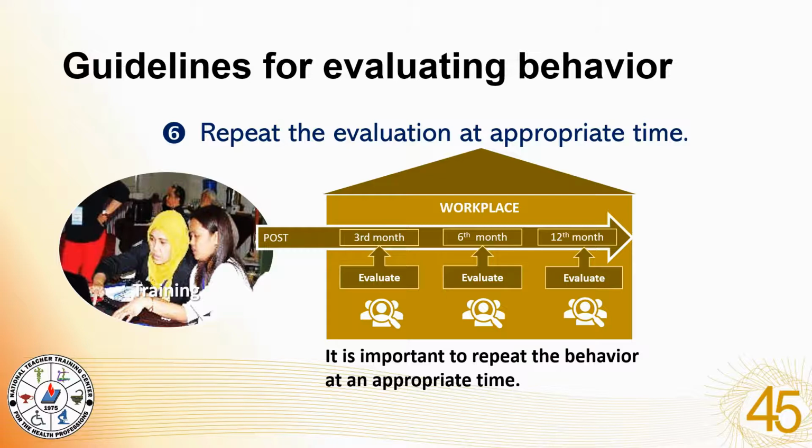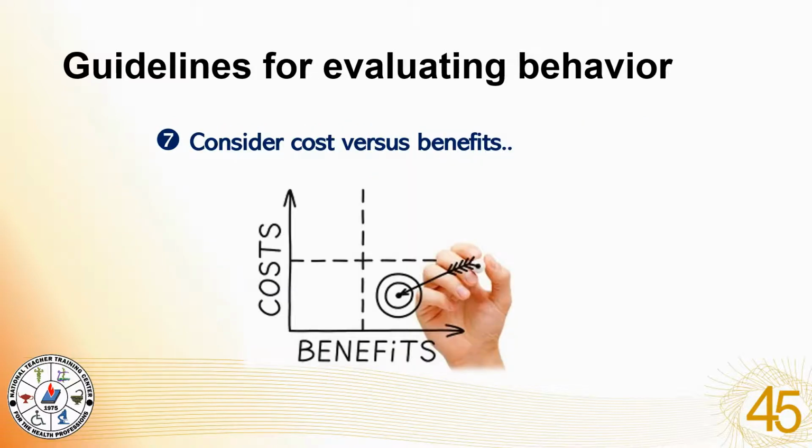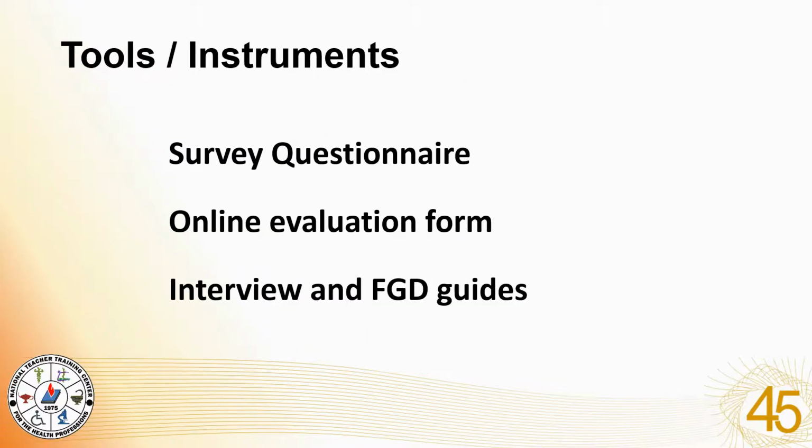It is important to repeat the evaluation so that you can see consistency in the performance of the behavior, and also be able to identify some major issues or factors that would have influenced the performance or non-performance of a certain learned behavior. And of course, you also need to consider cost versus benefits. Now, some of the instruments that you can use, you are very familiar with.